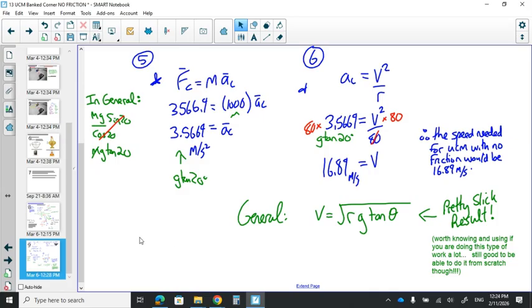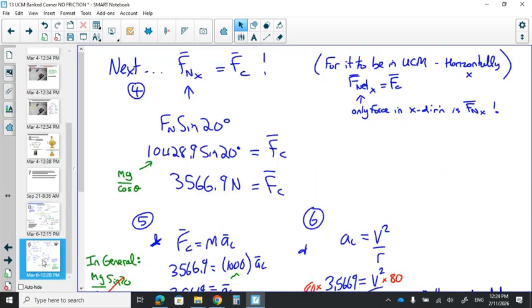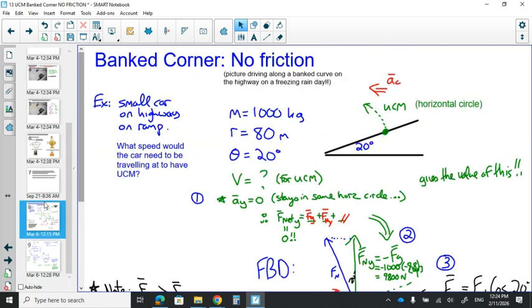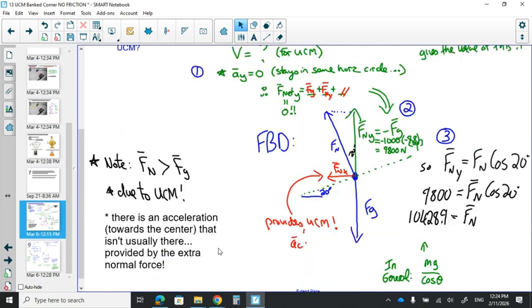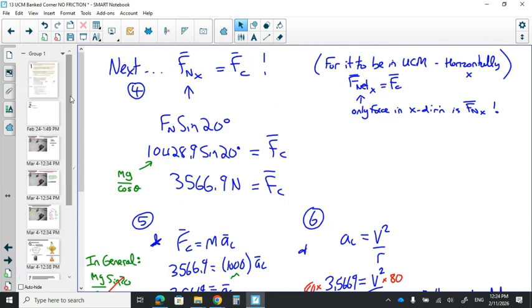Or maybe they do it for 95 because they know that everybody goes that speed. That is the physics of banked corners. It can seem pretty intimidating and weird, but as long as you follow those steps and analyze it through, you can get the speeds, you can get the forces, and all that stuff.